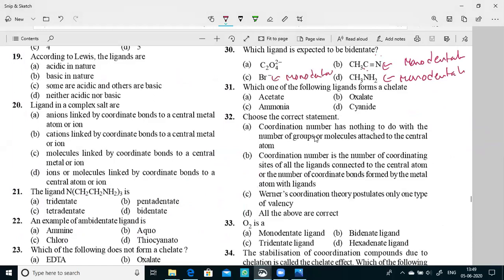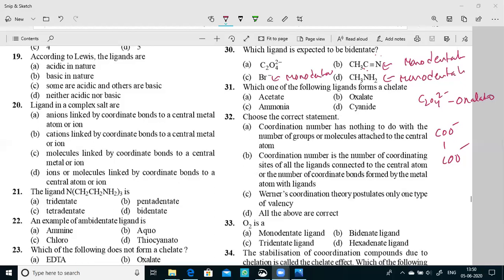And this one, C2O4 2 minus, what is the name of this ligand? Oxalato. It came from oxalic acid. This is an oxalato ion, with CO minus and CO minus.